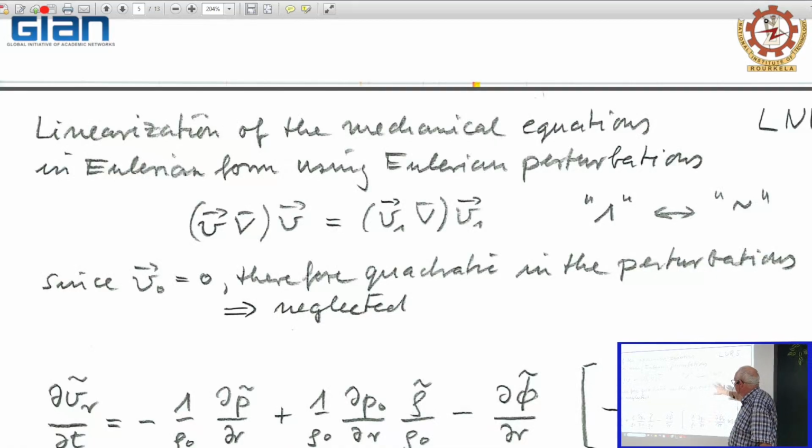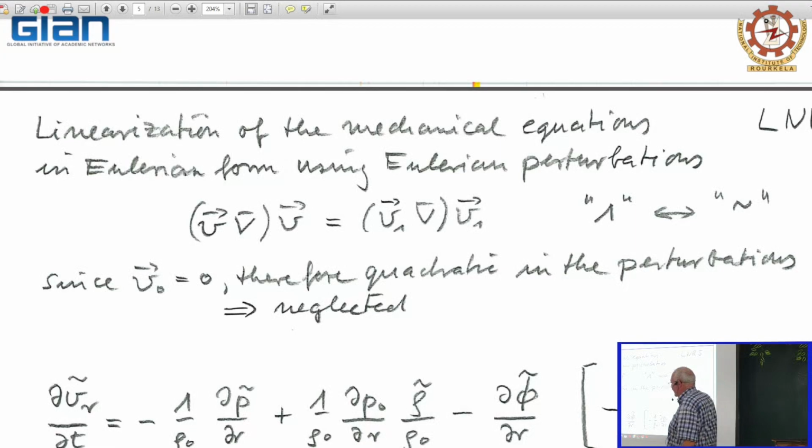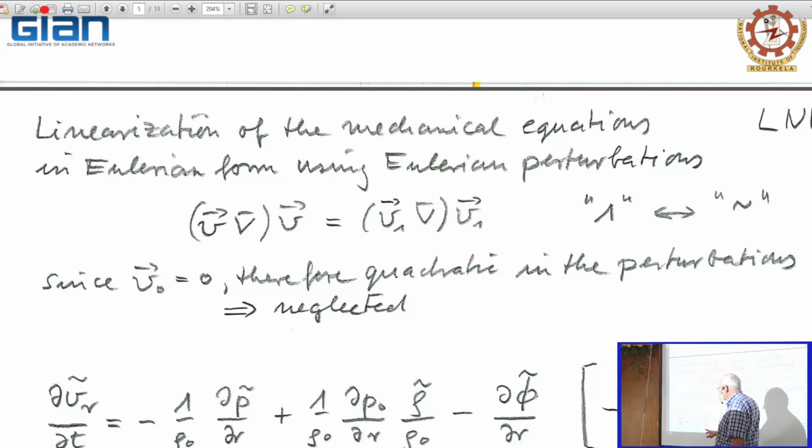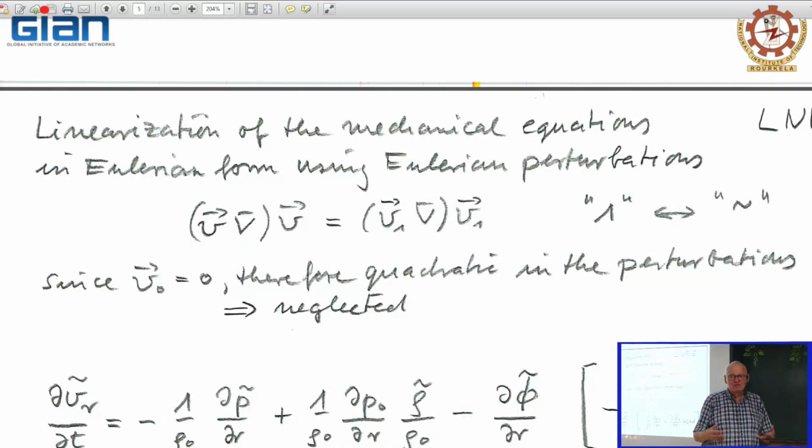And also we will replace the delta by tilde because we are using Eulerian perturbations. So this quadratic term will be neglected. So the only term in the acceleration, dv by dt, is the Eulerian dv by dt, and v0 is 0. We have a hydrostatic configuration.